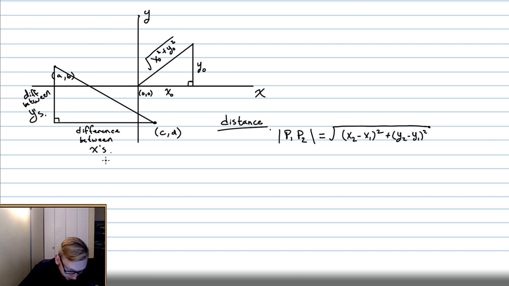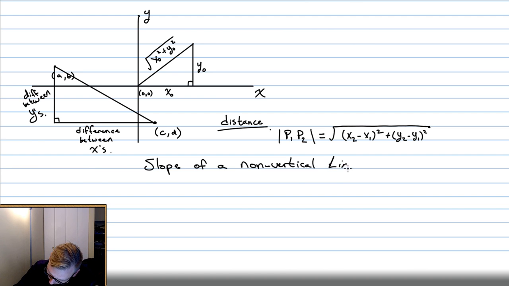And what else do we need to review? They want slope of a non-vertical line. Slope of a non-vertical line would be the rate of change of this line. And let's call this point here and this point here, what did they say, P2 and P1.